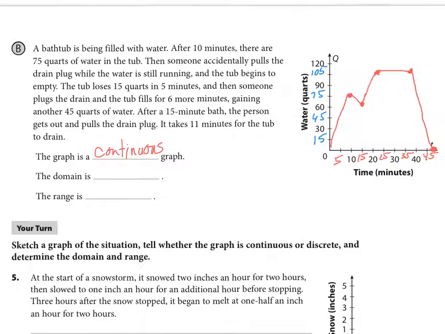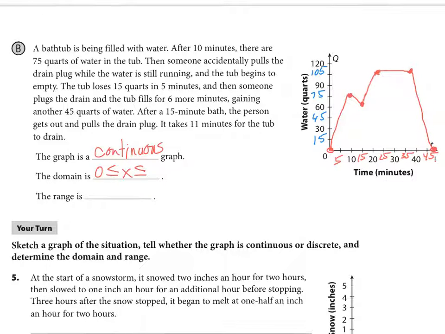The domain is our x. So we can just look at the graph and say, where did our x start from? 0. So x is greater than or equal to 0. What's it less than or equal to? Where did our x go from? 0 to what?